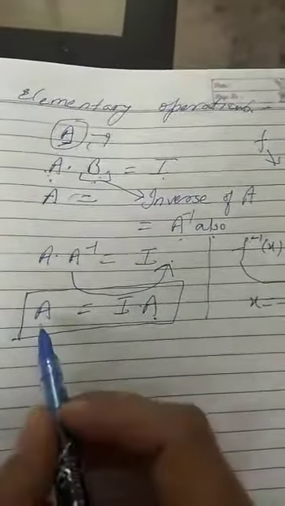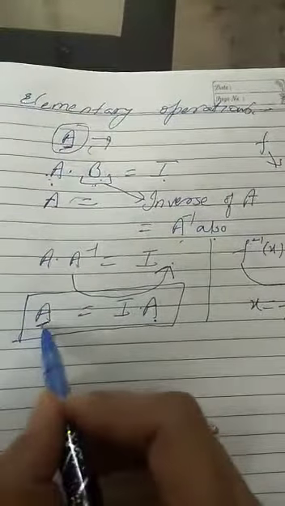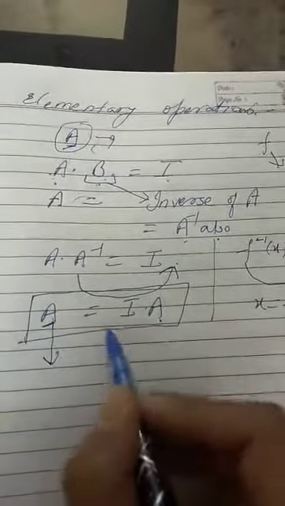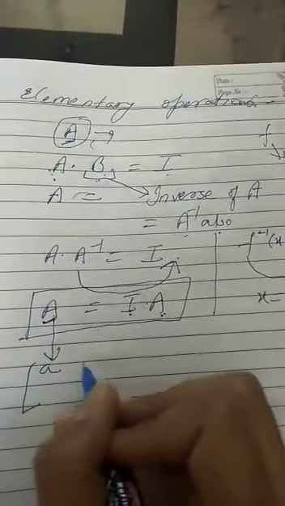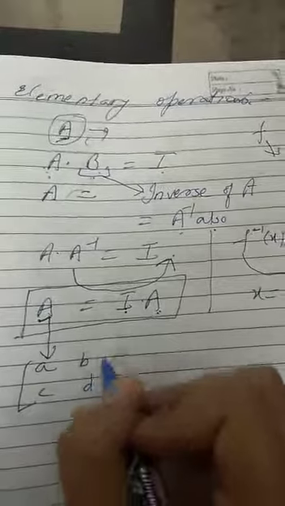Now this thing we will use to find the inverse. How? Whatever matrix is given, I will write down that matrix A equal to I matrix. If the order of A is given 2 by 2, I will take identity also 2 by 2. For example, let us take A as [A, B; C, D], any 2 by 2 matrix.